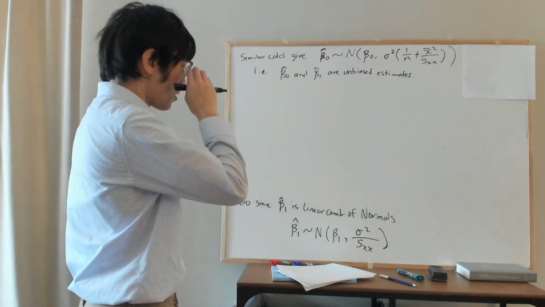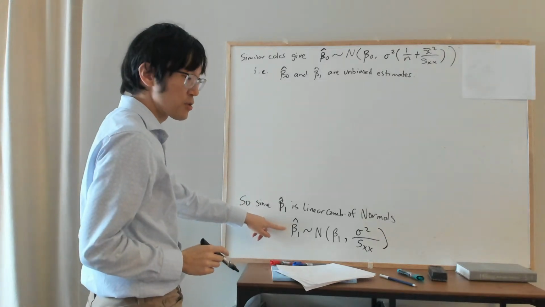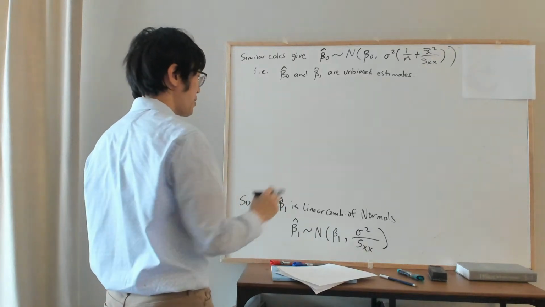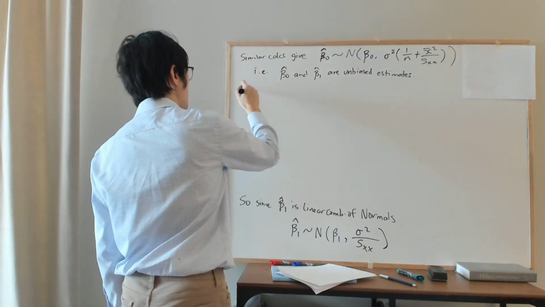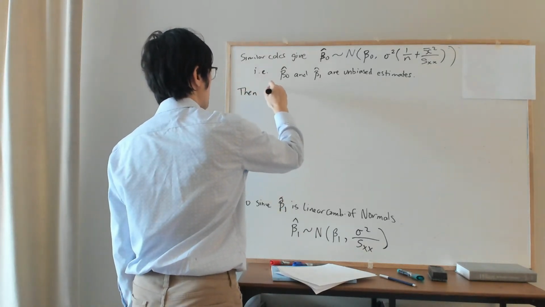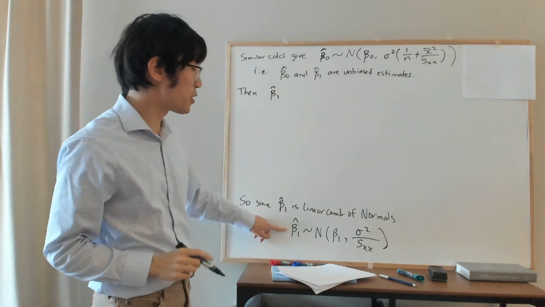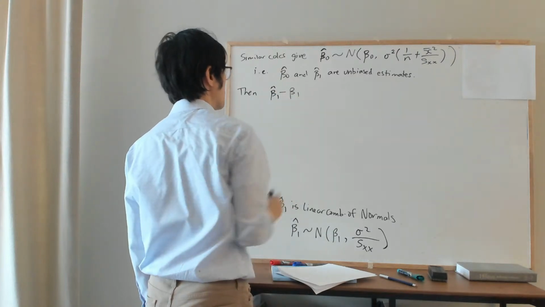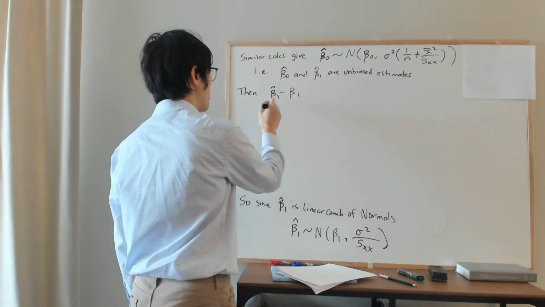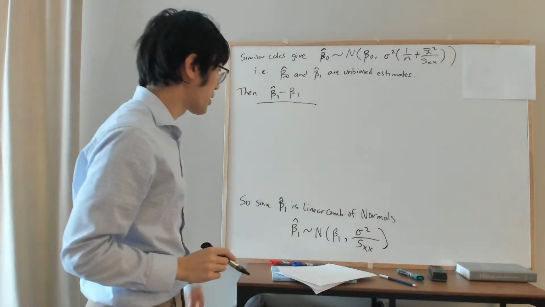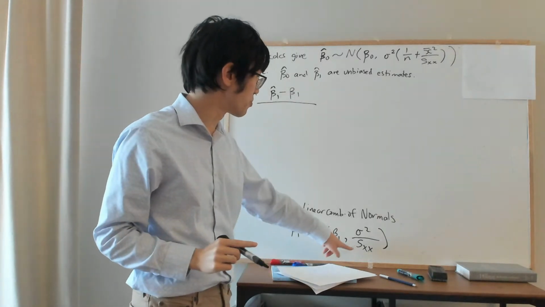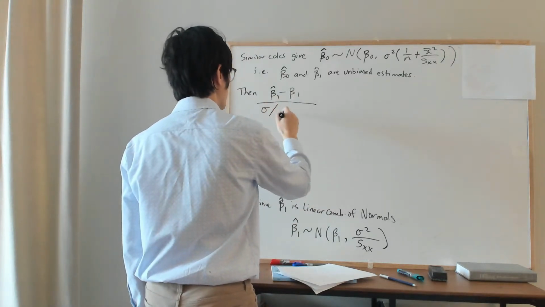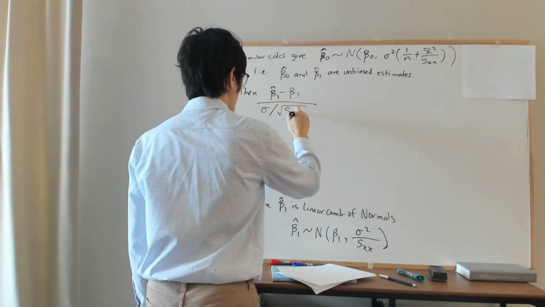So let's start. Let's take this expression, beta 1 hat, and apply standardization. We view it as a random variable because I'm going to subtract the mean, that's beta 1, the unknown parameter. Then I divide by the standard deviation of the normal, the square root of this, so sigma over the square root of the sum of squares x.